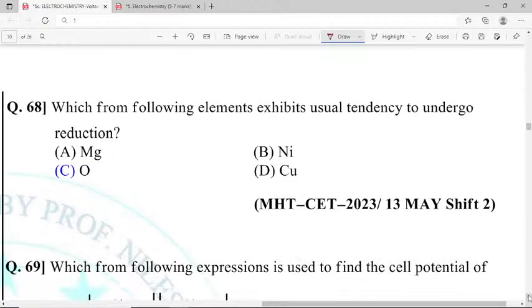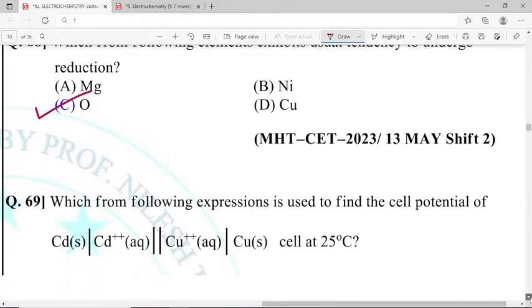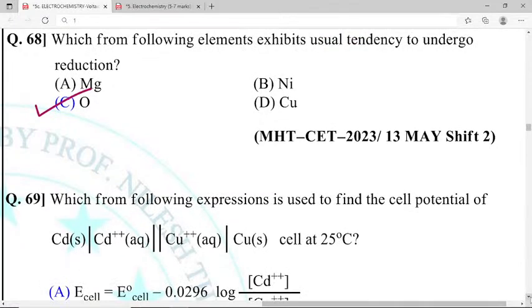Which of the following elements exhibits the usual tendency to undergo reduction? Oxygen usually undergoes reduction because it is an oxidizing agent. An oxidizing agent itself undergoes reduction.